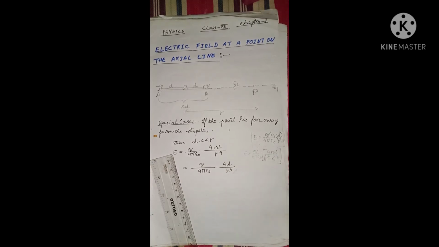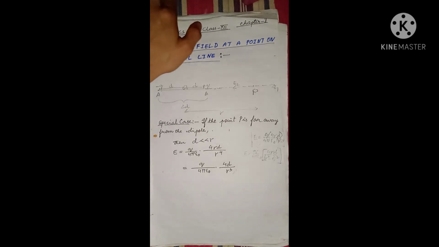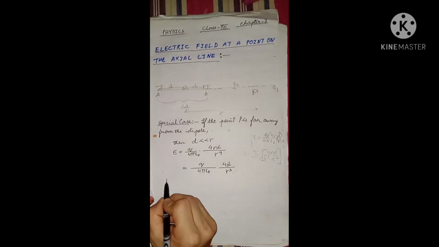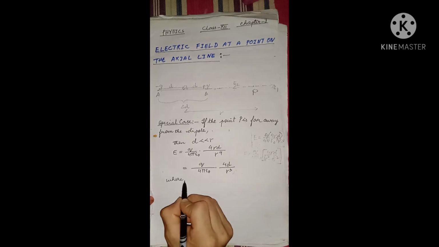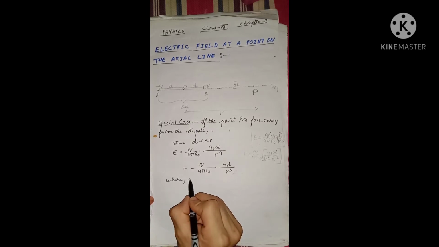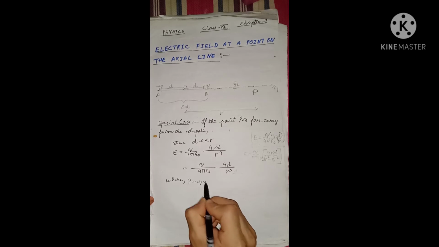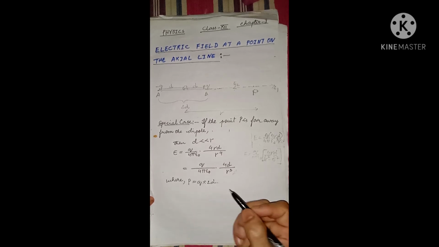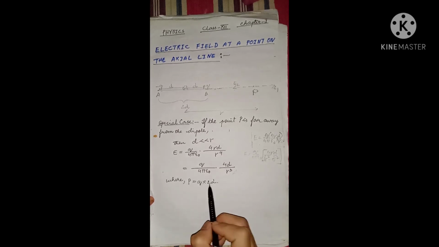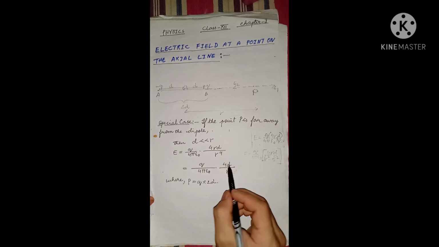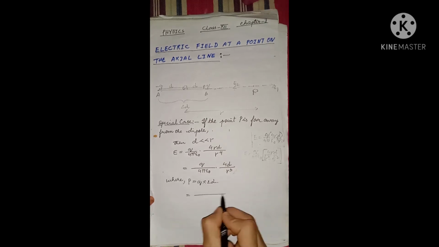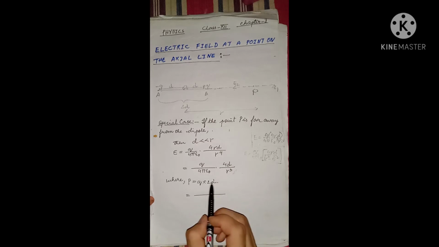This is the expression. Similarly, we can write where P is equal to Q into twice D. Since we know that P is equal to Q into twice D, we can write here 2P.